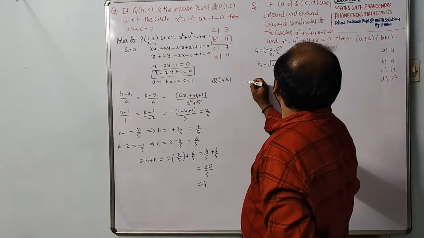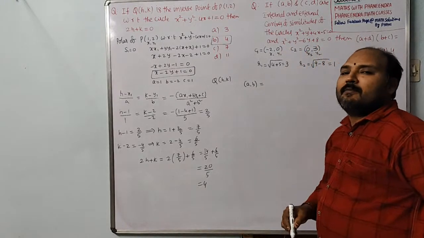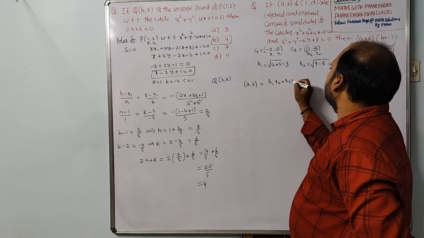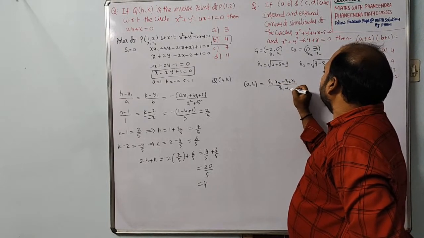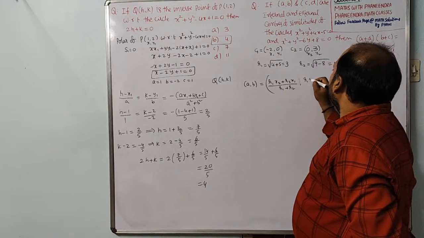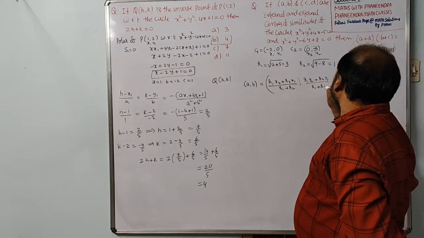So internal center of similitude (A, B) is equal to, I am writing the formula directly, dear students: (R1x2 plus R2x1) divided by (R1 plus R2), comma (R1y2 plus R2y1) divided by (R1 plus R2).